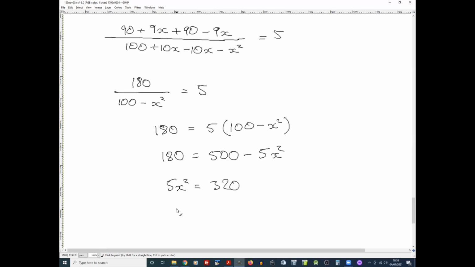And then divide by 5. So x squared equals 320 divided by 5. And dividing by 5, the easy way to do it is to divide by 10, then half it? Kind of. Be careful. Do you want a smaller result or a larger result than dividing by 10?